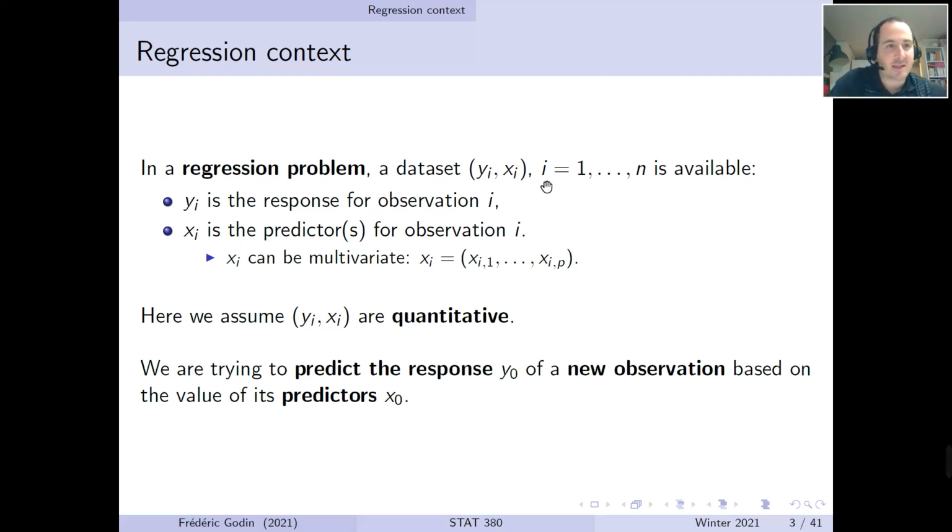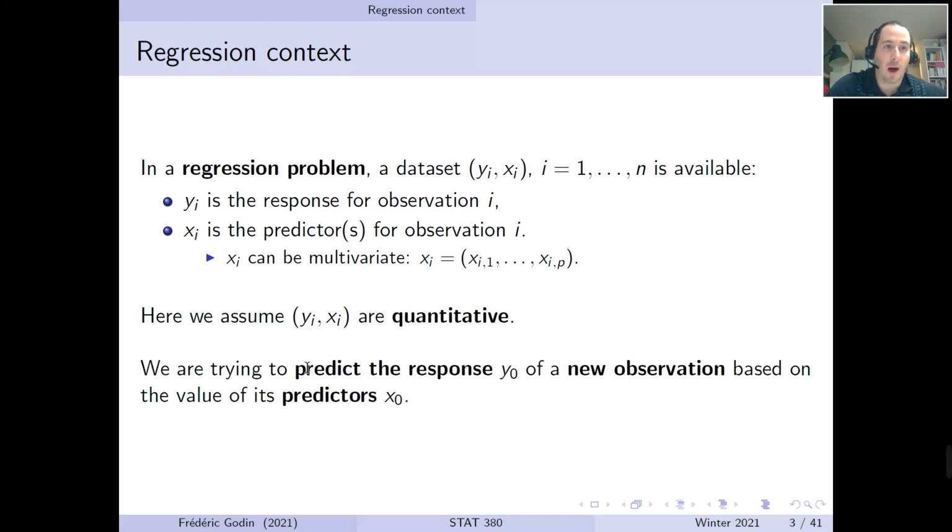And here xi can be a vector. It's not necessarily one-dimensional, so there might be many explanatory variables for each observation. Right now, we're going to consider a setting where the response y is quantitative. So we're going to assume that we're in a regression setting, not in a classification setting. So y is a number.